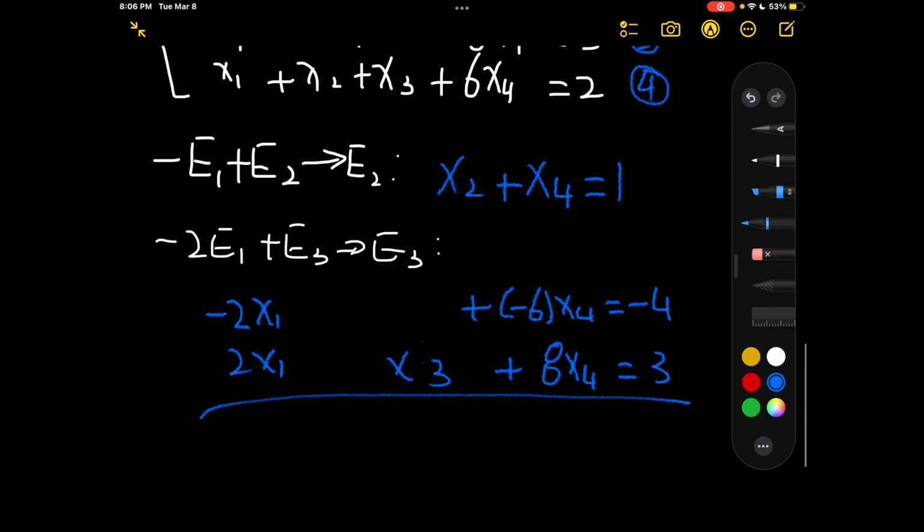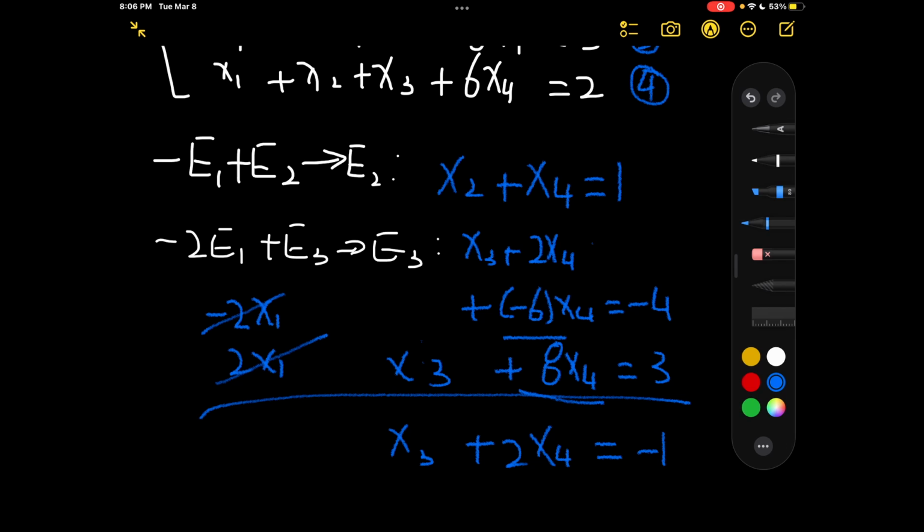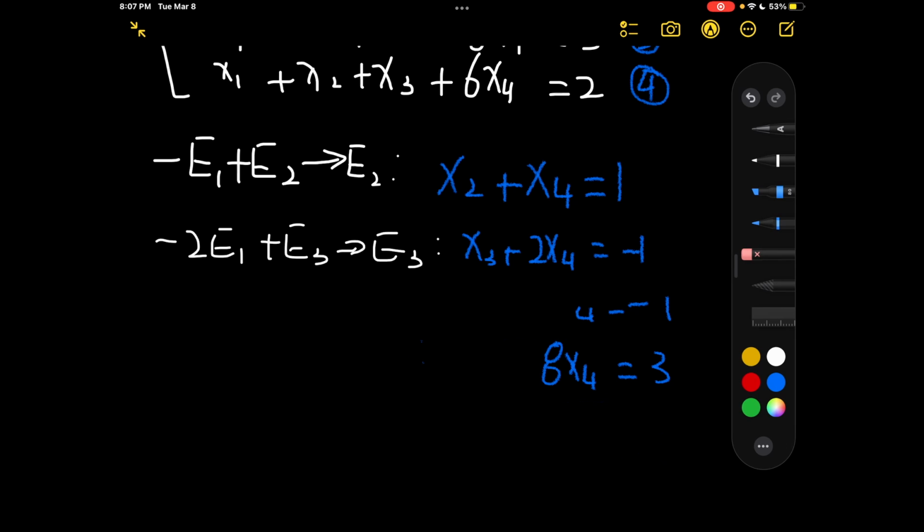Adding together, we cancel out x1, and 8 minus 6 gives 2x4, and 3 minus 4 is negative 1. So we have x3 plus 2x4 equals negative 1.